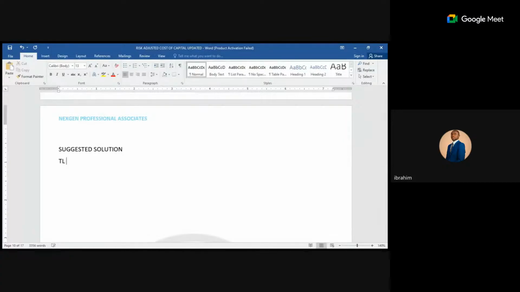This is very important. TLPLC. Diversification. There are two projects. Let's start with the diversification into packaging.